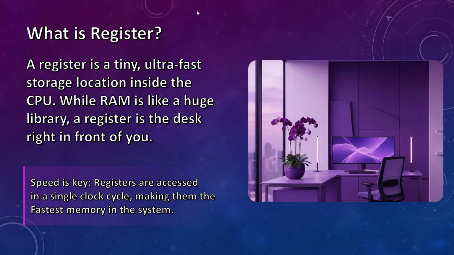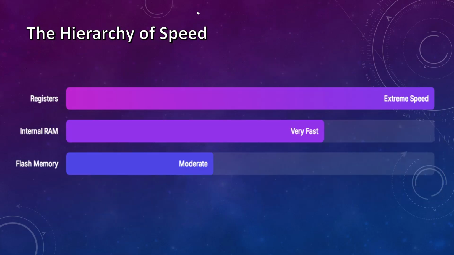The answer is speed. Registers store only a small amount of information, but they are extremely fast to access. That's why the CPU uses registers whenever it needs to perform operations quickly.